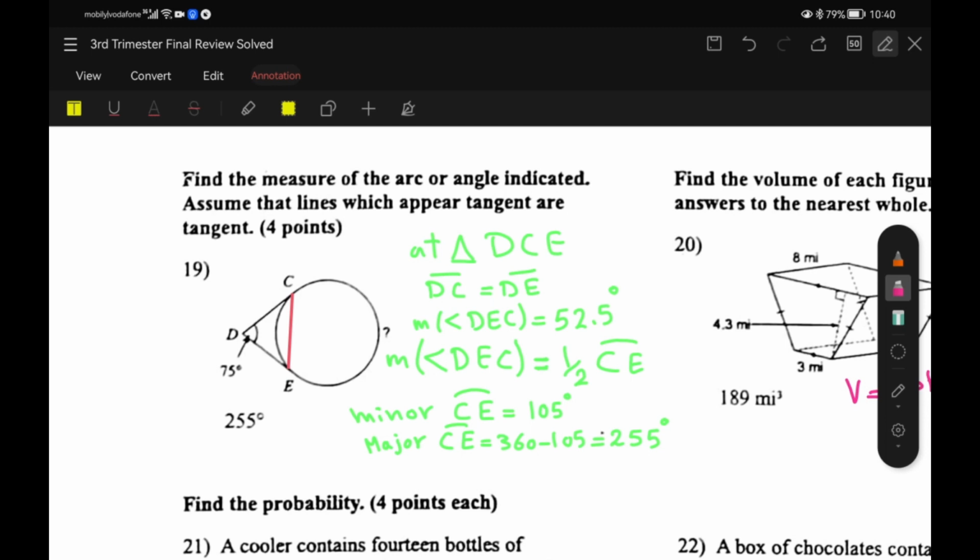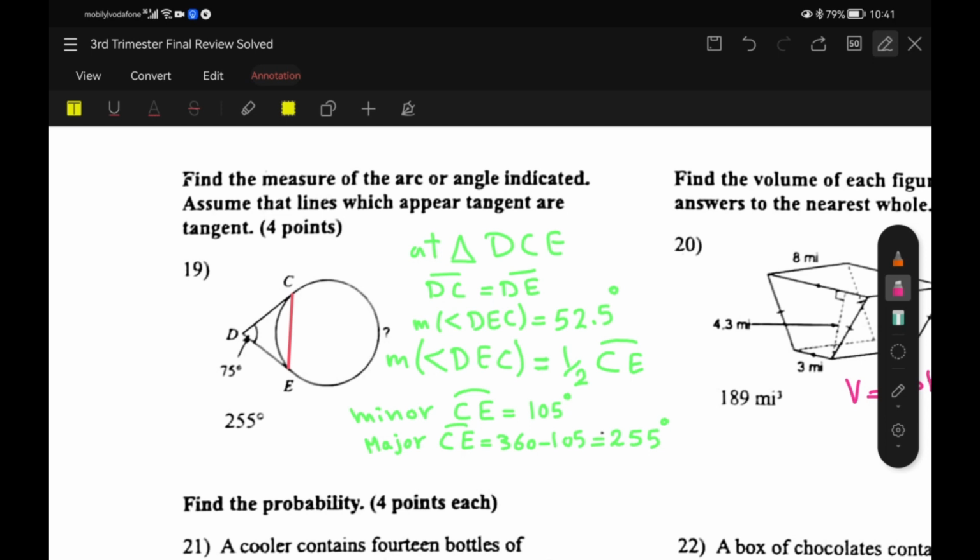We have this angle equals 75. 75 must equal, yes, well done, half of the difference between CE, the major arc, minus the minor arc. But the minor arc and the major arc, the sum of both of them equals 360.